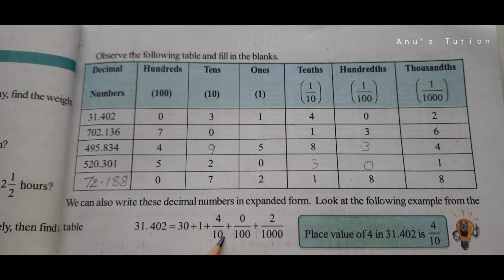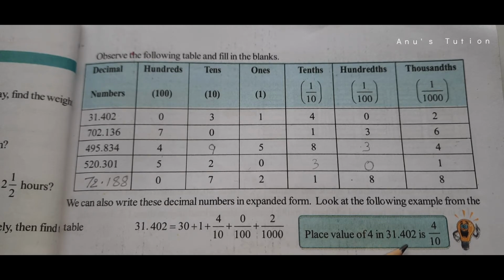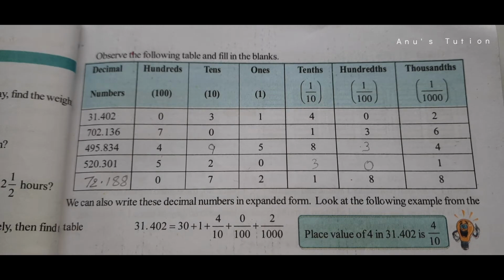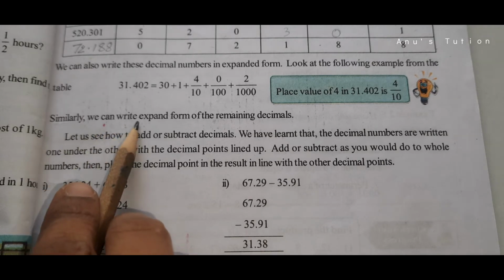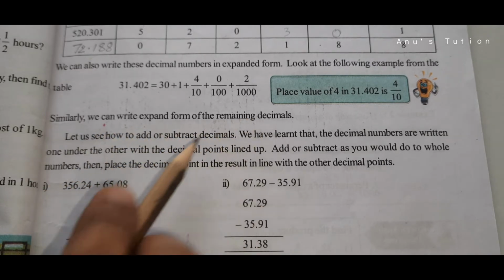The place value of 4 in 31.402 is 4 by 10. Similarly, we can write the expanded form of the remaining decimals.